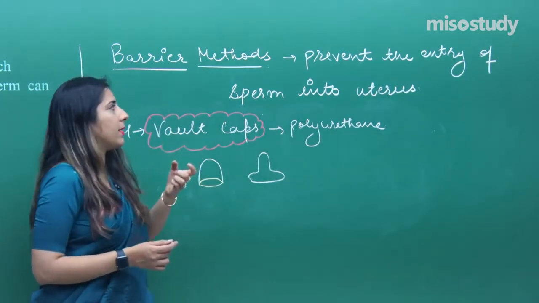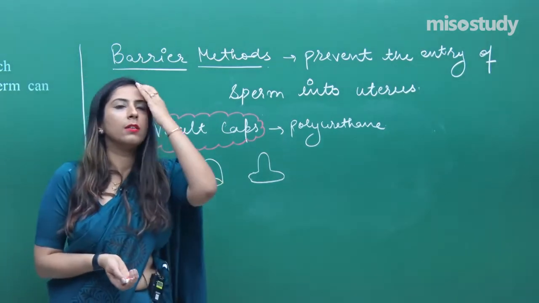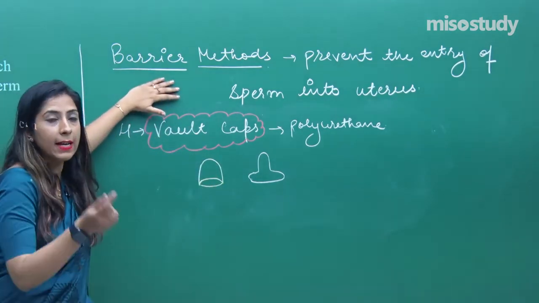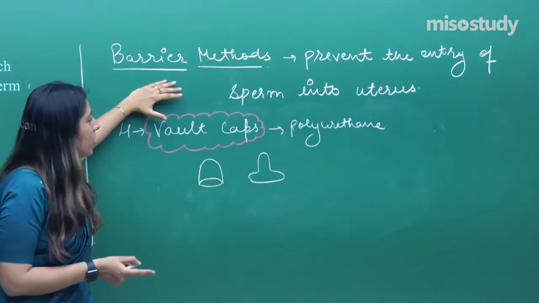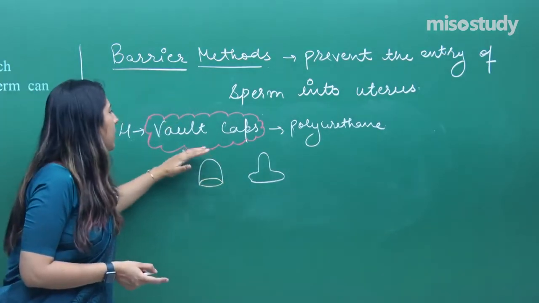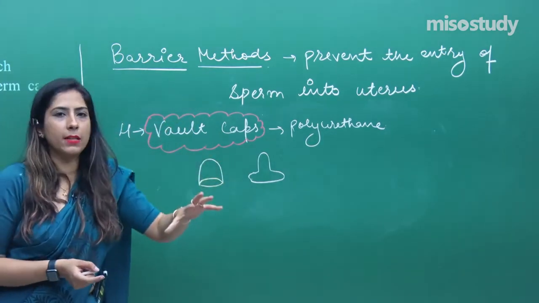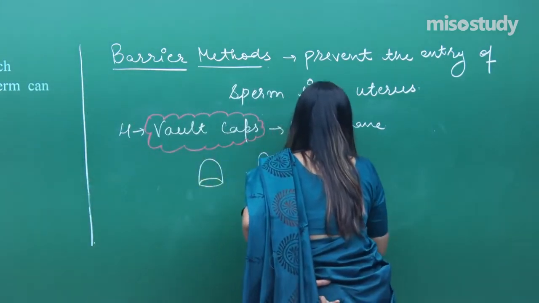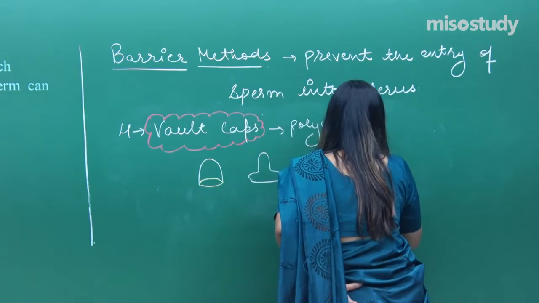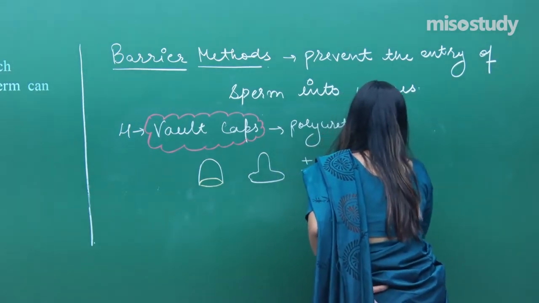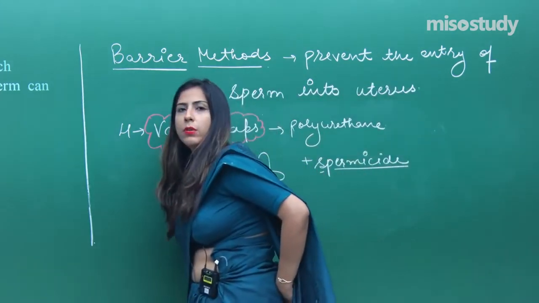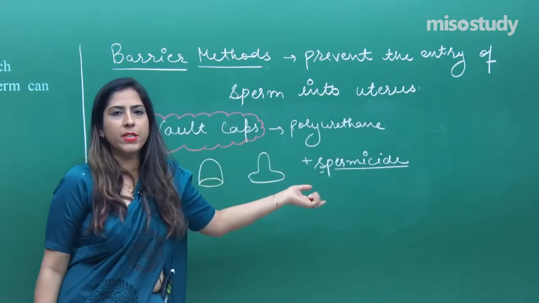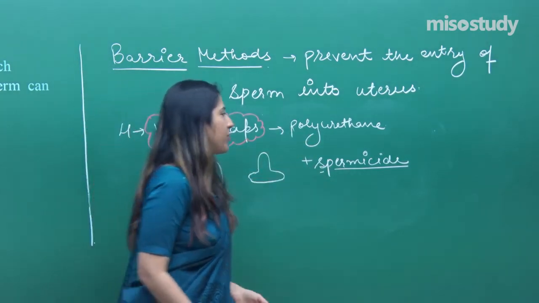So these barrier methods prevent the entry of the sperm into the vagina, and along with that, if female users use a spermicide along with this vault cap, or along with this diaphragm, this increases the efficiency, right?